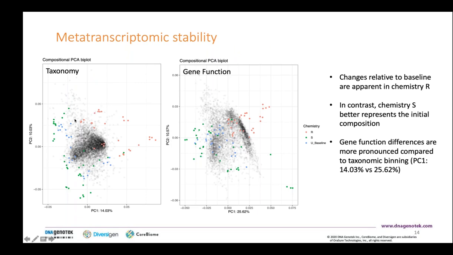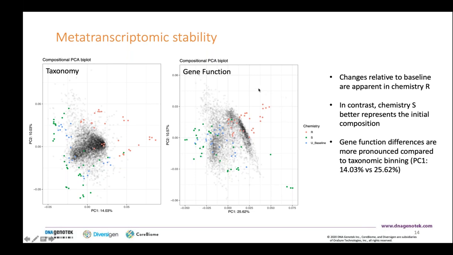So in blue are the baseline samples that we're comparing to, and in green and red are the 2 methodologies that were included for comparison. So in this case, in the taxonomic representation, it's already apparent that chemistry R, so one of the methodologies, has a profile different from baseline, whereas the green chemistry here is more overlapping with what the expectation is.